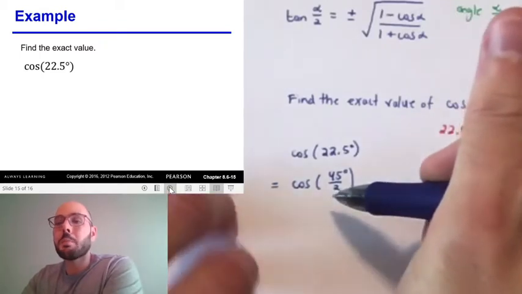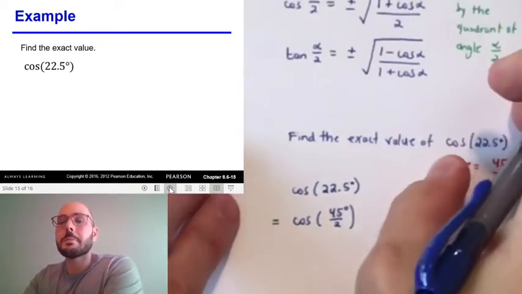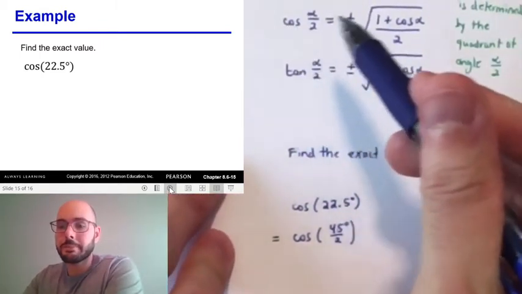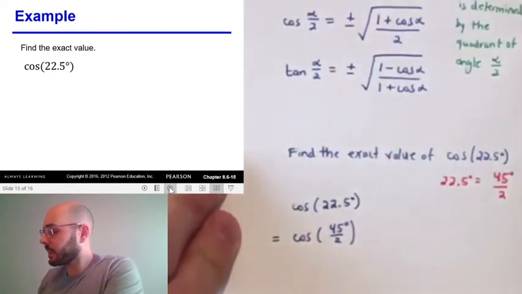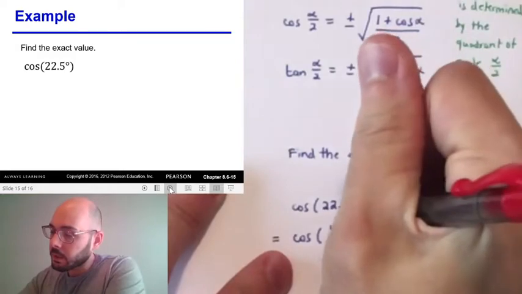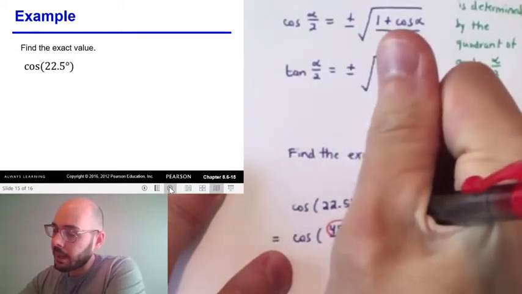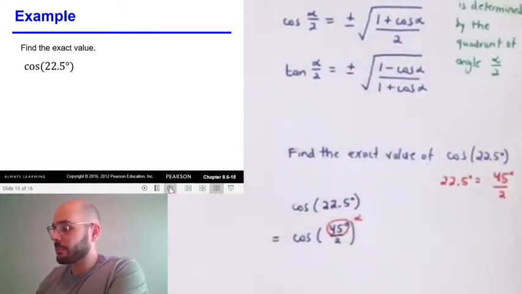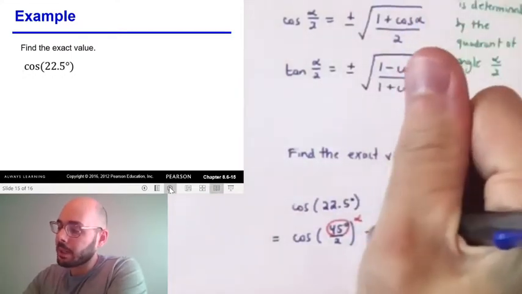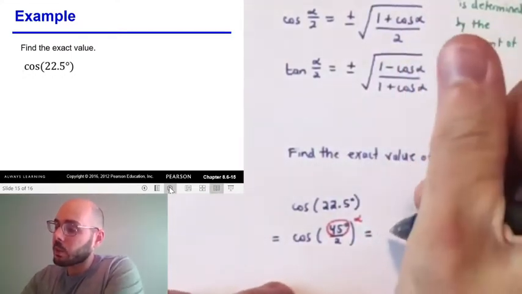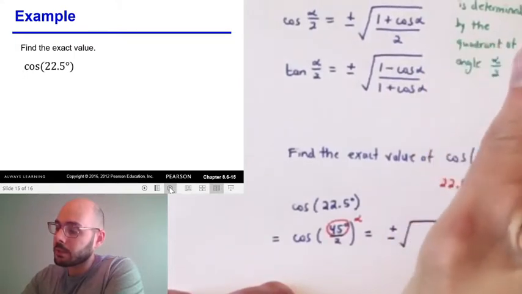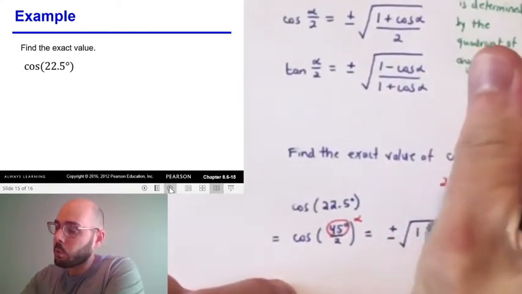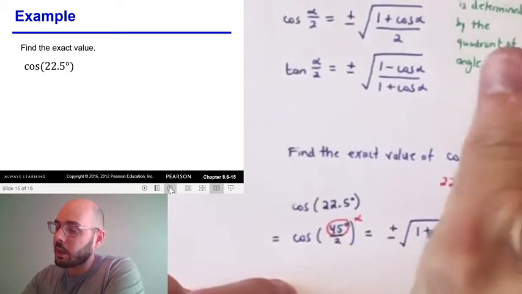So that'll help us use this cosine formula, which is written right here, where alpha is going to be 45 degrees. So I'm just going to make a note of that. Alpha is 45. Let me write down the formula again so we have it. So this is plus or minus, and we're going to decide very soon what that is. The square root of 1 plus cosine alpha over 2.